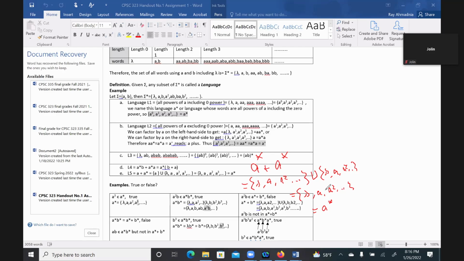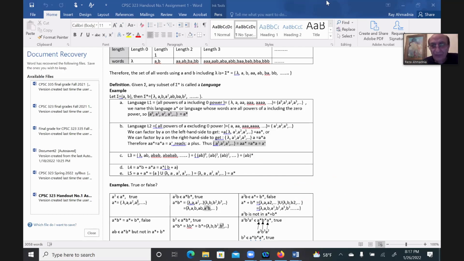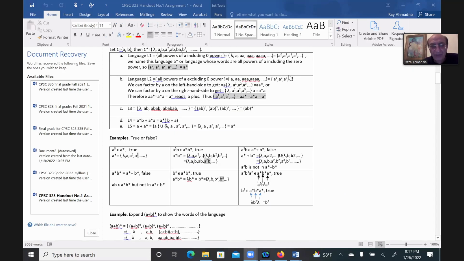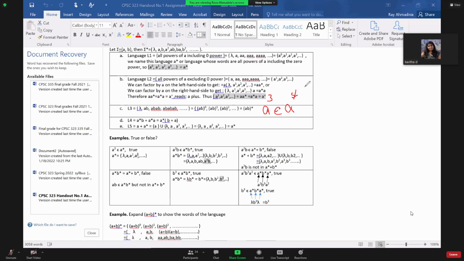No problem. Okay, now these are the challenging problems, and you're going to have fun. True or false? The first one: is A cubed a member of A star? Yes. Right now you can see it.